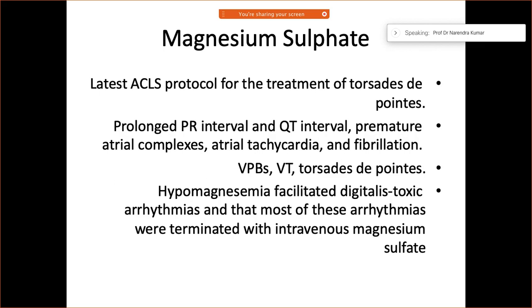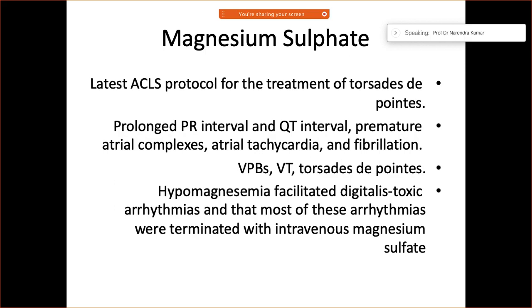One of the other important drugs which I have noticed is always missing is magnesium sulfate. It has been included, especially in the latest ACLS protocol, for the treatment of torsades de pointes. This is the drug which can be used for prolonged PR interval, QT interval, or even premature atrial complexes, atrial tachycardia, and even for AF as well.